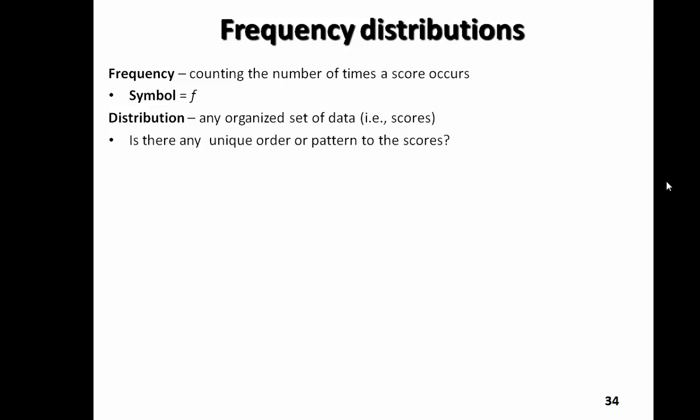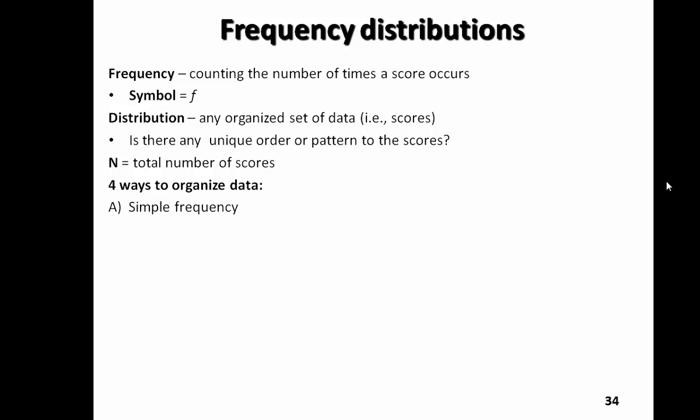The important aspect of frequency distributions is that it allows the examination of any unique order or pattern that may arise among a set of scores. In this example, the uppercase N will indicate the total number of scores, and there are four general ways to organize data through the examination of how those data are distributed.